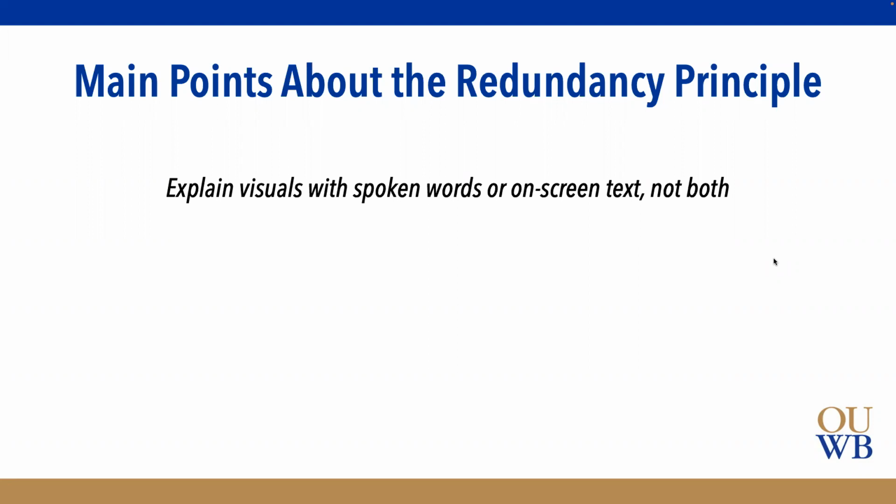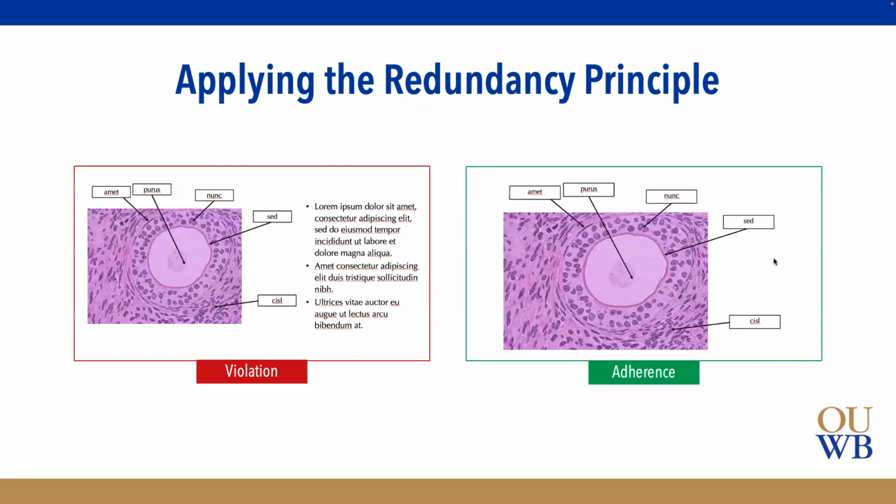So I'm kind of gumming up the system, so to speak. The better alternative is I want what I'm explaining auditorily to complement, but not be identical to what students are seeing. Does that make sense? Perhaps an example will help.